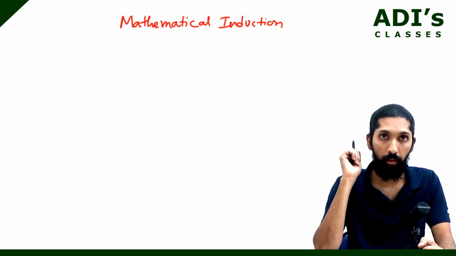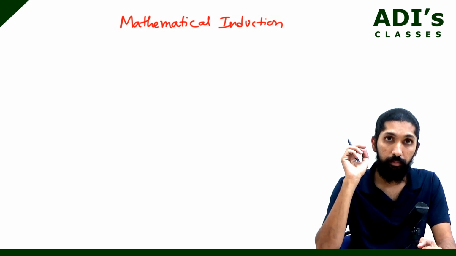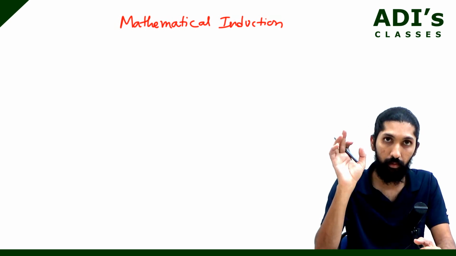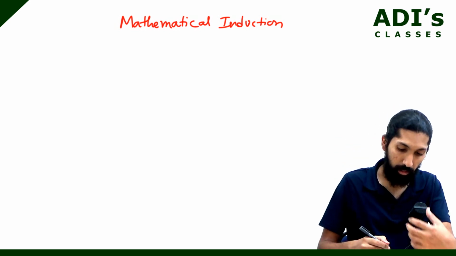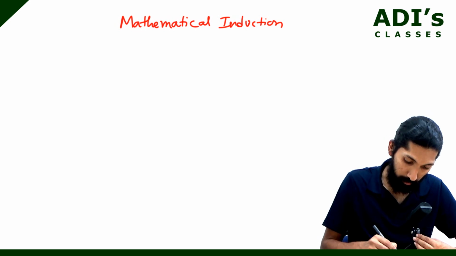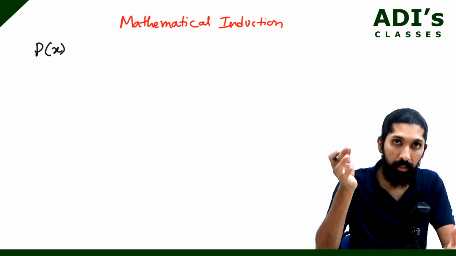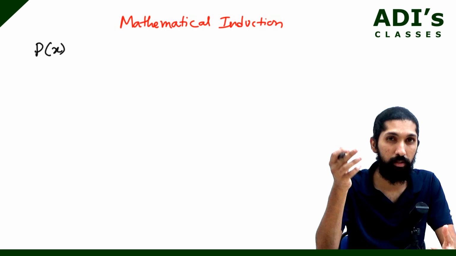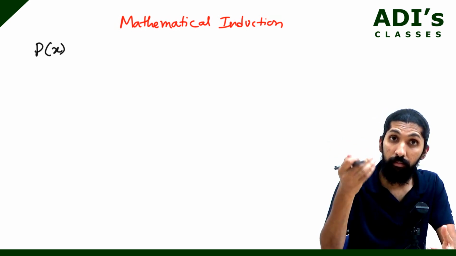Now, we'll take an example. The logic behind this mathematical induction is very simple. We say that any particular type of derivation is given by some value p of x or p of n, whatever it might be. Say p of n, because generally we talk about the nth term of a progression.